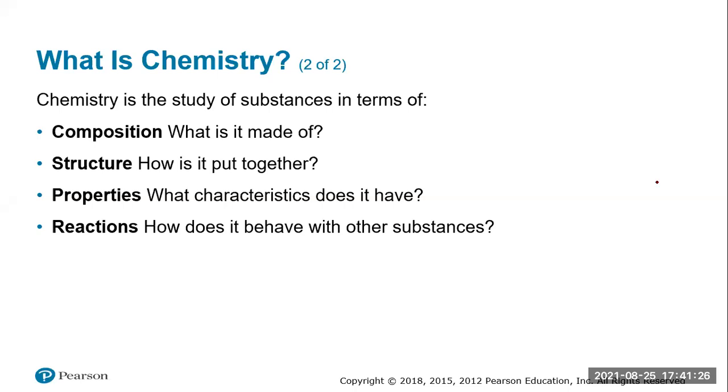And when we talk about matter, there are 3 states of matter that we very often come across in chemistry: solid, which is often abbreviated with an S, liquid, which is abbreviated with an L, and gas. These are the 3 states of matter.